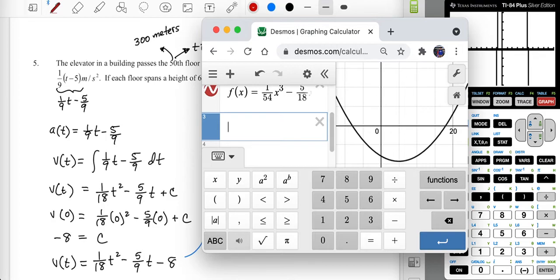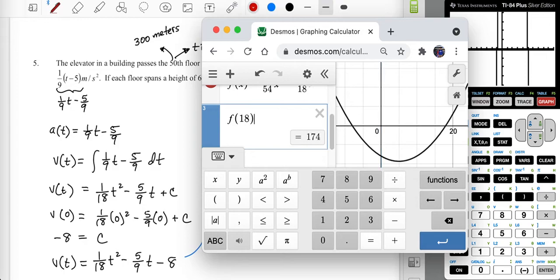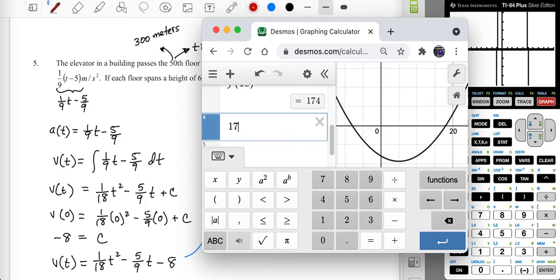Then I'll just evaluate this by typing in f of 18, and it appears to be 174. So that's 174 meters.